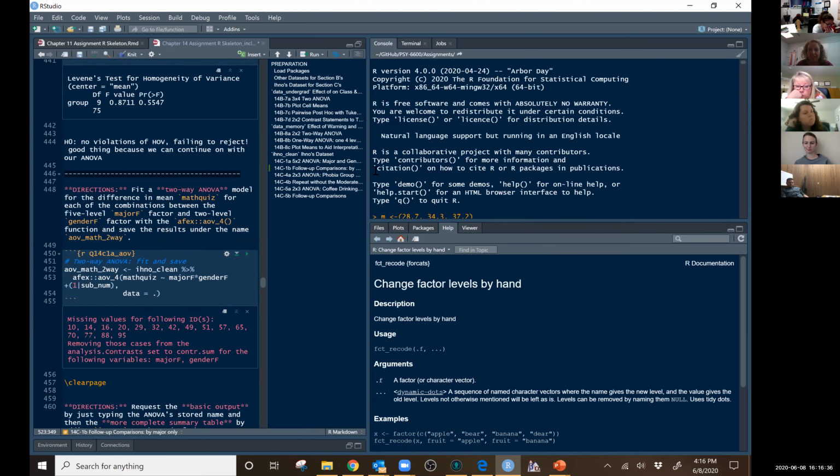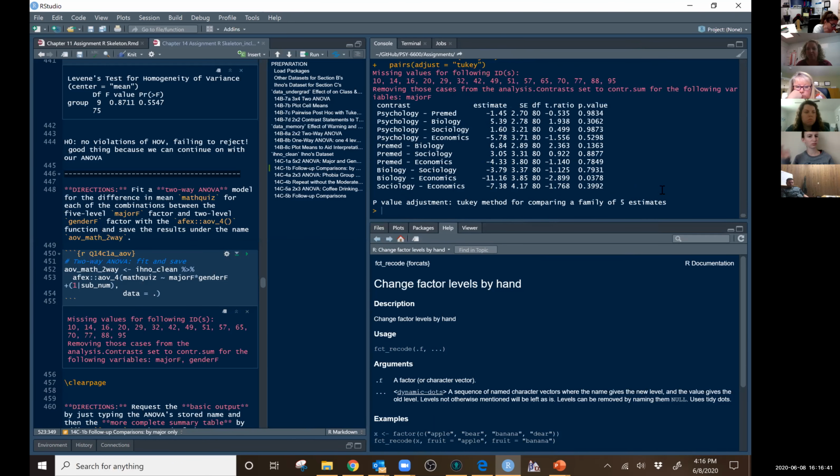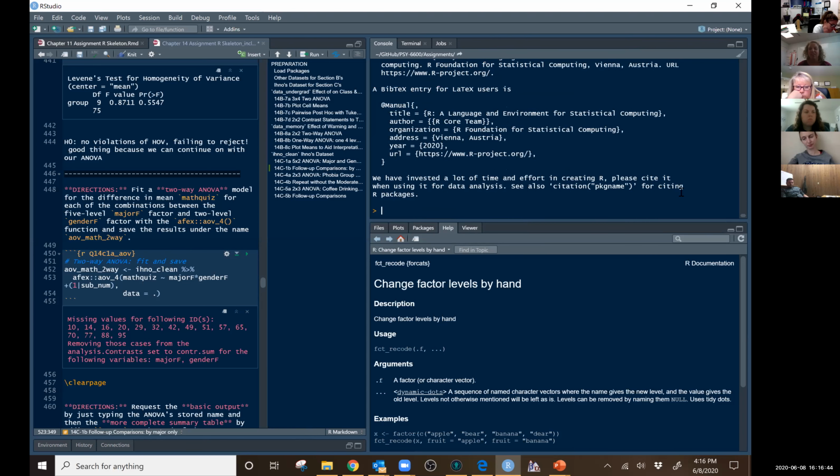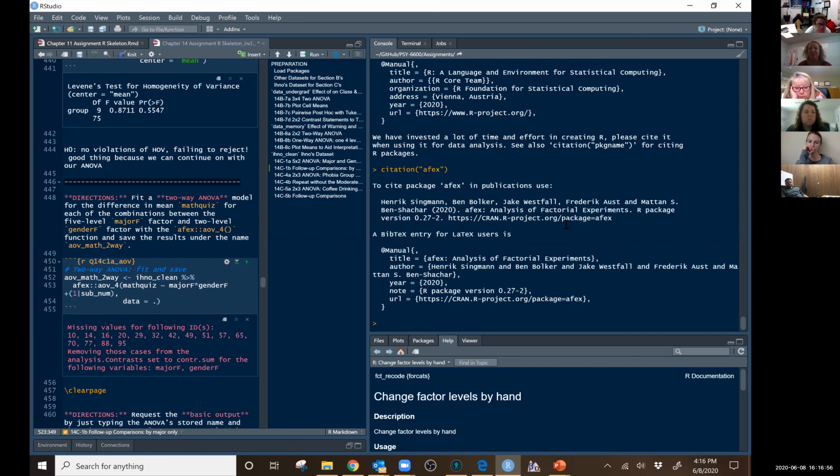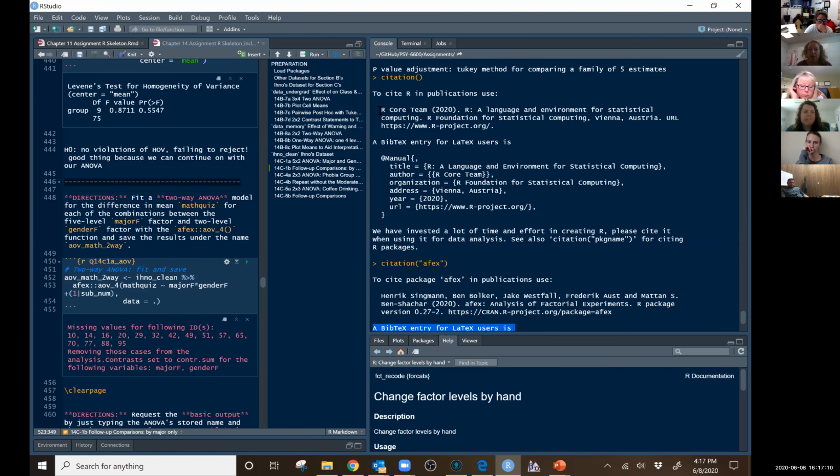If you just do citation in your window with empty brackets, it tells you the citation to use for R. And if you do citation, but in there, in quotes, a package name, there's the citation for that package. And it gives it to you in an APA-like format, as well as a BibTeX format if you're doing that kind of method. Anyway, so for R, it's supposed to be R Core Team.